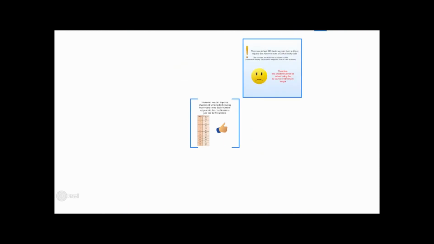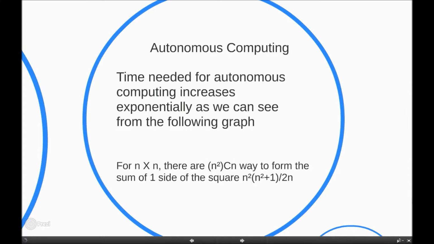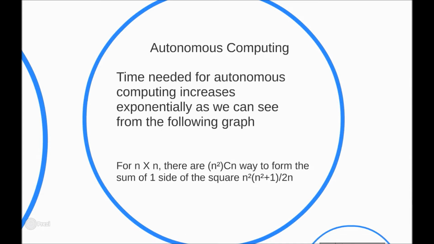Autonomous computing. Time needed for autonomous computing increases exponentially, as we can see from the following graph. For n times n, there are n squared C n combinations to form the sum of one side of the square, n squared times (n squared plus 1) divided by 2n.